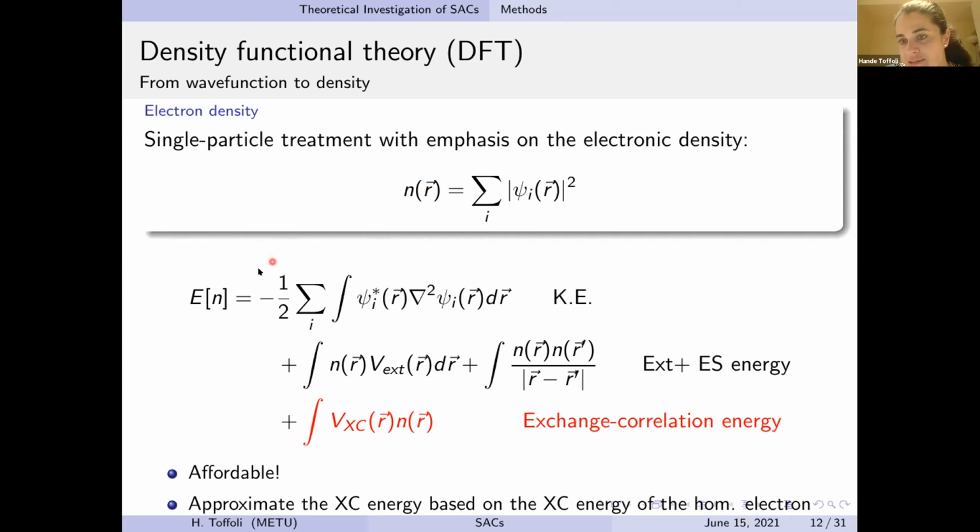This is, of course, not the true kinetic energy of the system, but a pretty decent approximation. Then we write down the external energy, which in our case is the interaction of the electrons with the nuclei, and the electrostatic energy.